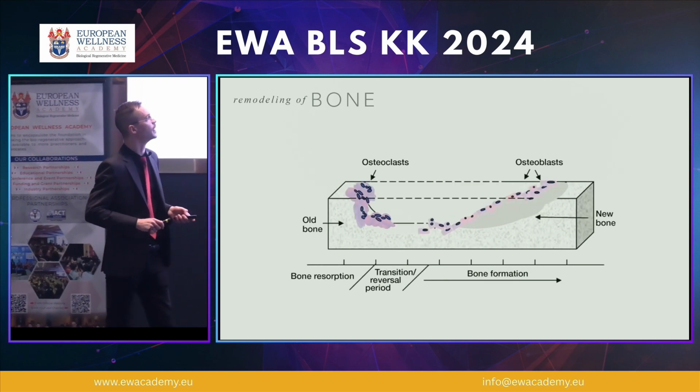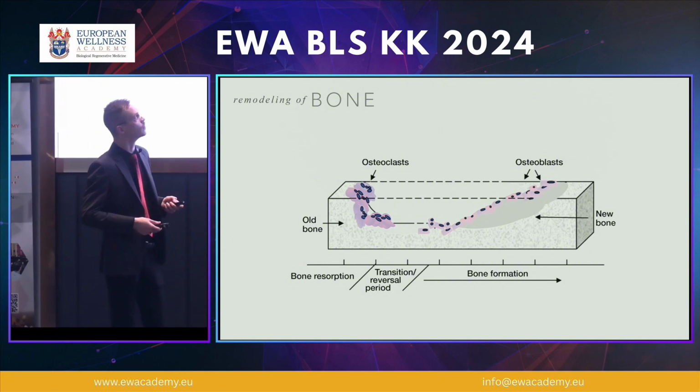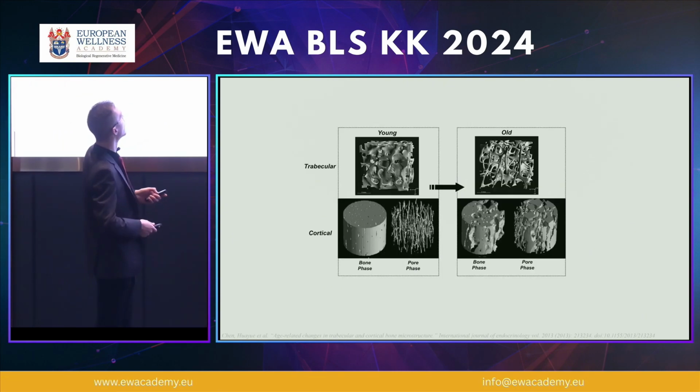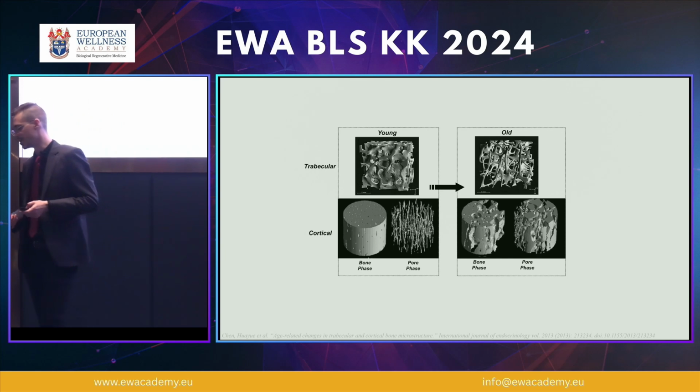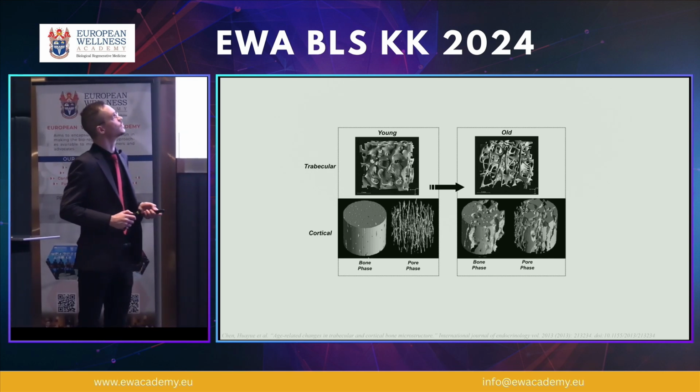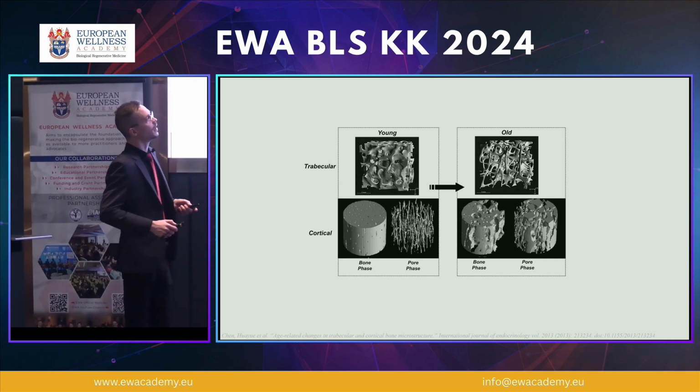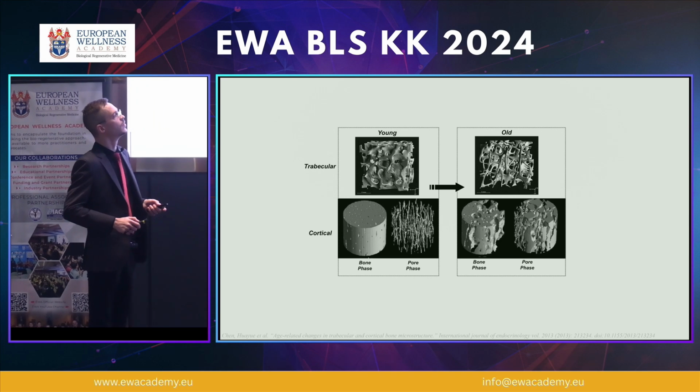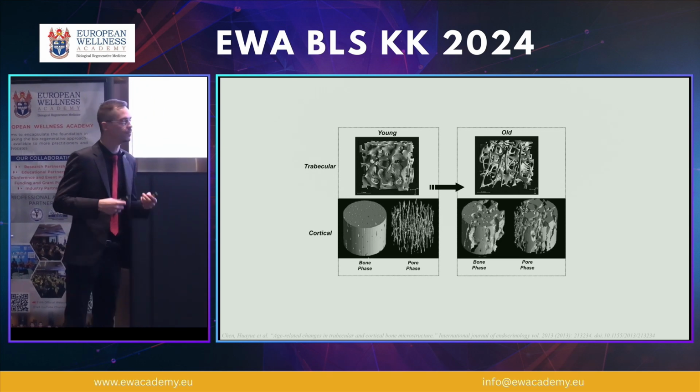Those make possible the process of ongoing bone remodeling, and this process gets disrupted with the aging, and that results with thinning of the rods and plates, and having this pore volume much higher in comparison to younger age, so the bones get more brittle.